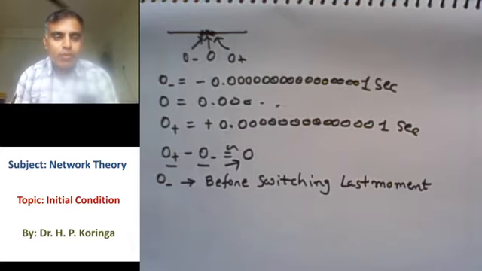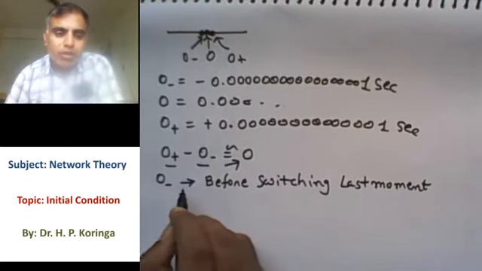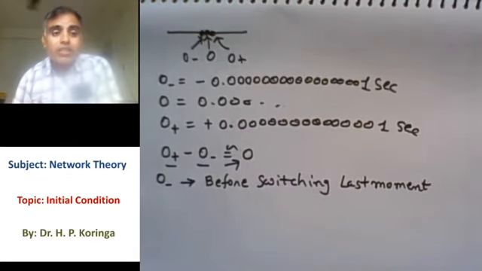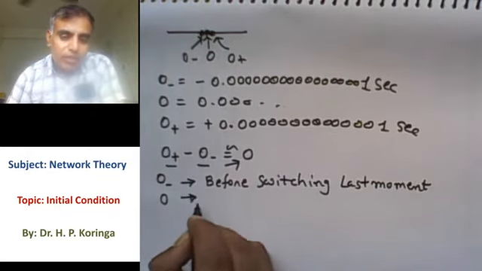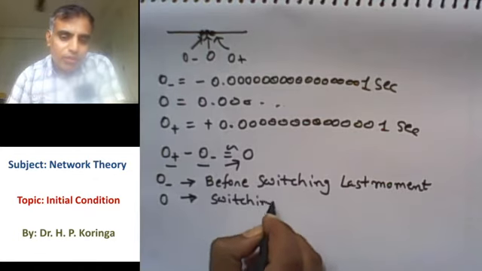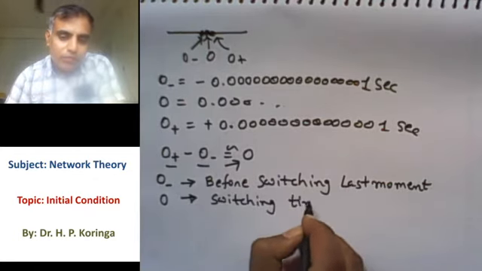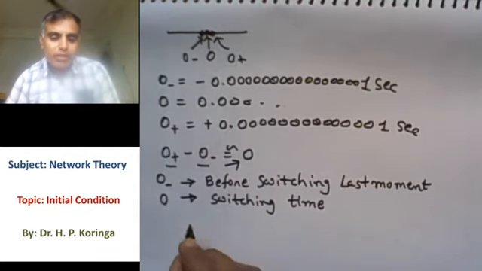Switching may go from open to close or close to open, depending on the switching. But 0 minus is the before switching last moment, and 0 time is the switching time. Switching takes place at the 0 time. At that time the switching is occurring.